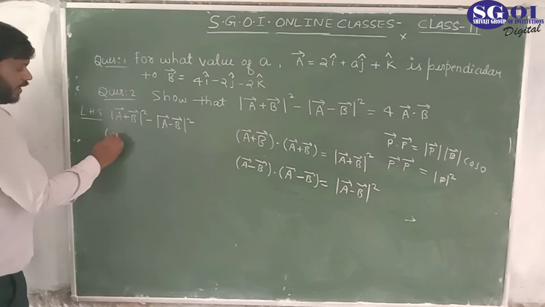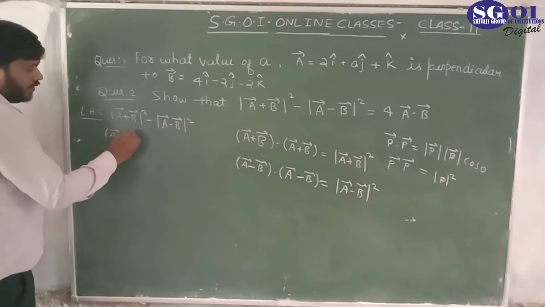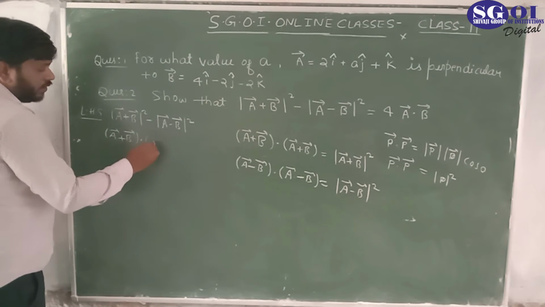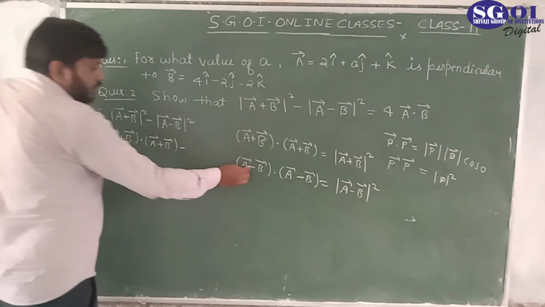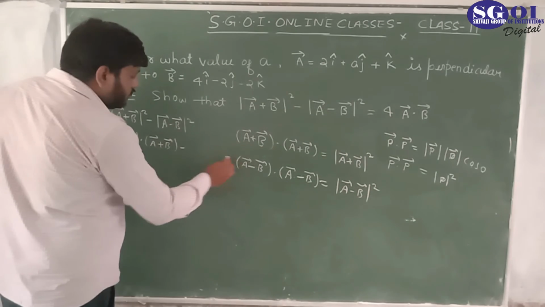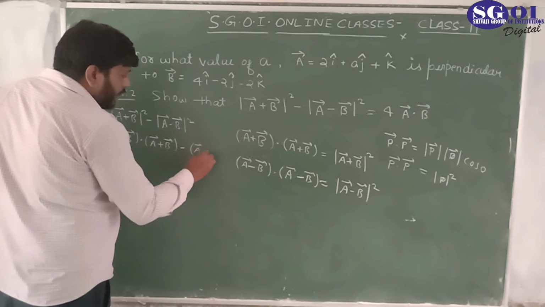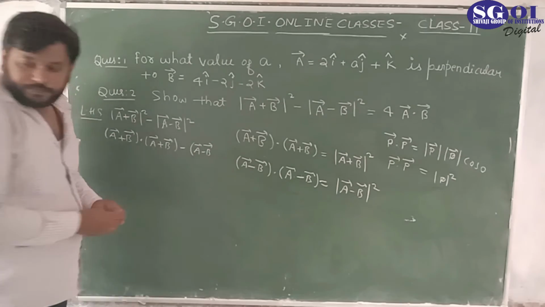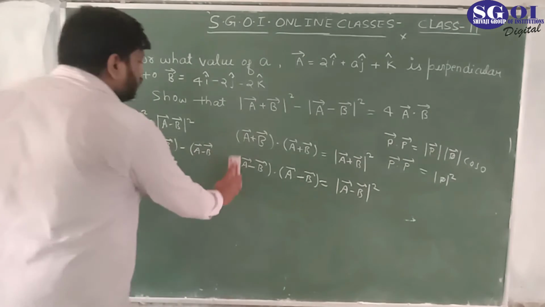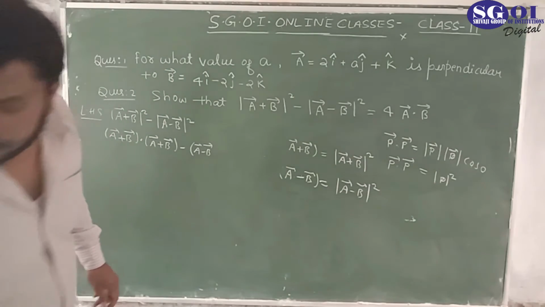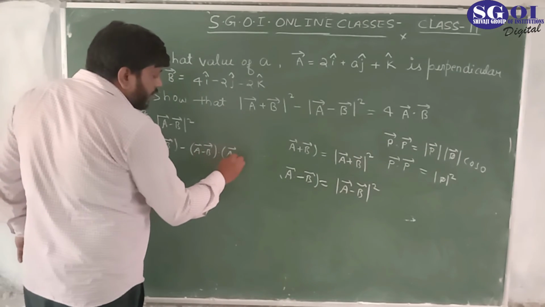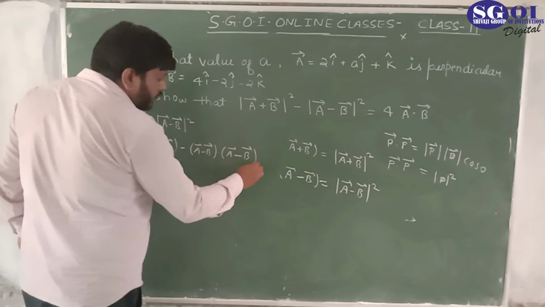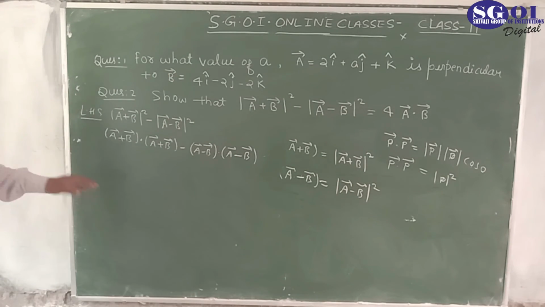This is a plus b dot a plus b, minus a minus b dot a minus b. Just do the dot product.